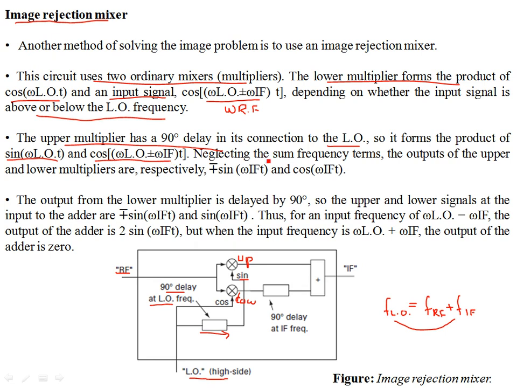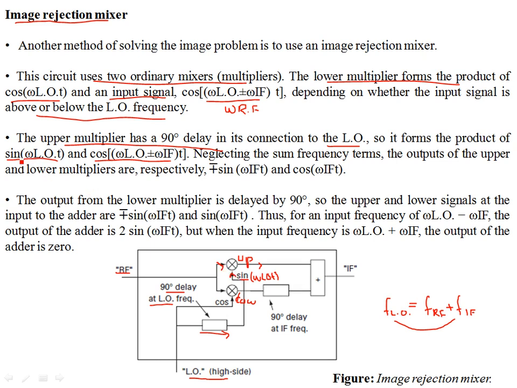Now once this multiplication happens, you're going to have new frequencies, which are expected. For the upper multiplier, which has sine omega LO t, the output will consist of the sum and difference of these frequencies, the frequency over here and the frequency omega LO.